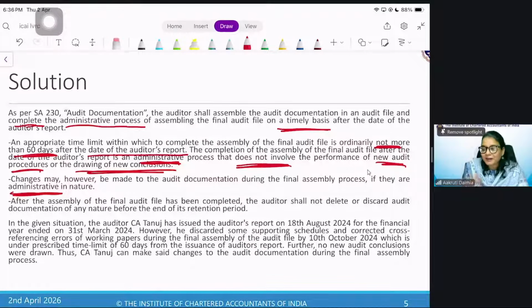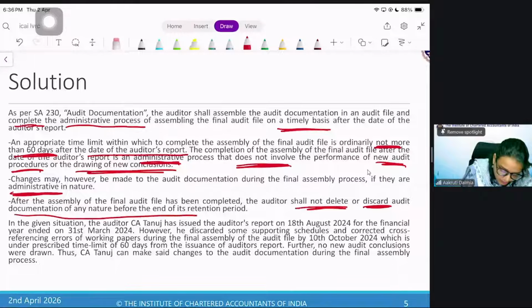So what is the keyword here? Administrative in nature. Things can happen. After the assembly of the final audit file, the auditor shall not delete or discard the documentation of any nature. What does it say? It says it shall not discard after the assembly.